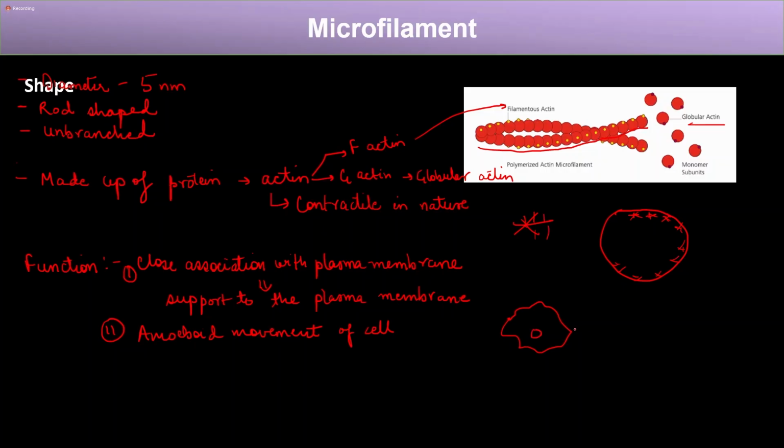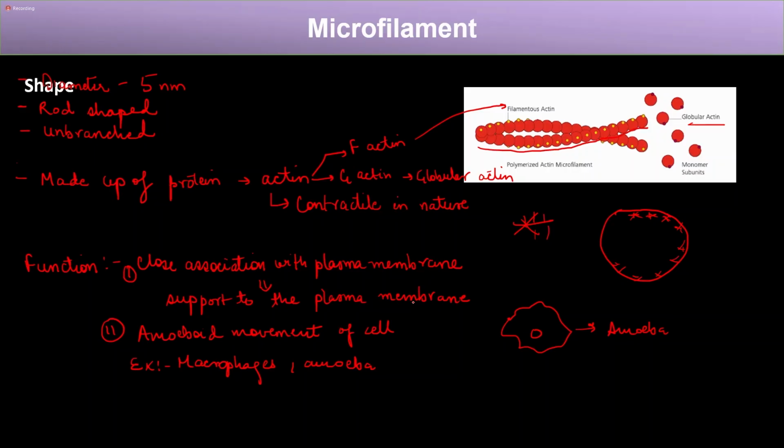Apart from amoeba, we also have in our body a cell with amoeboid movement, known as macrophages. This movement is caused by the special cytoskeleton known as microfilament.